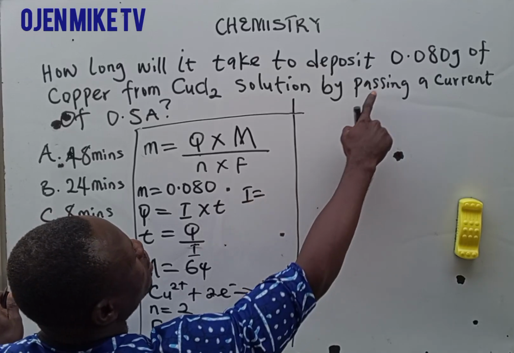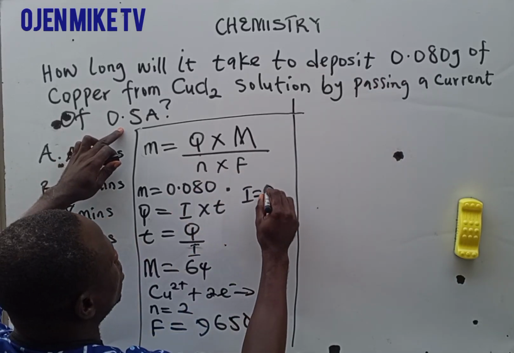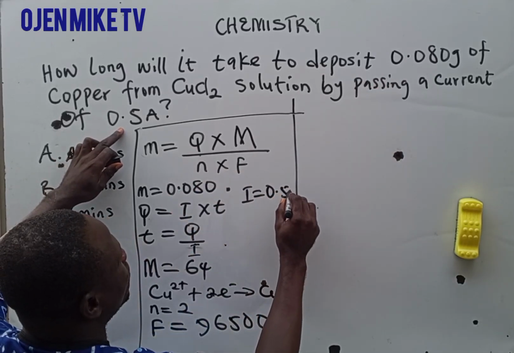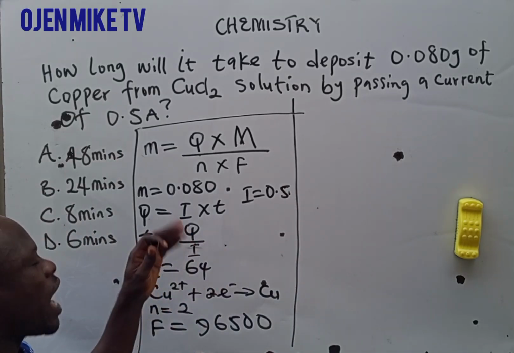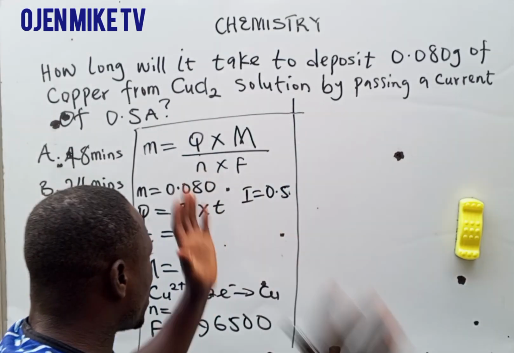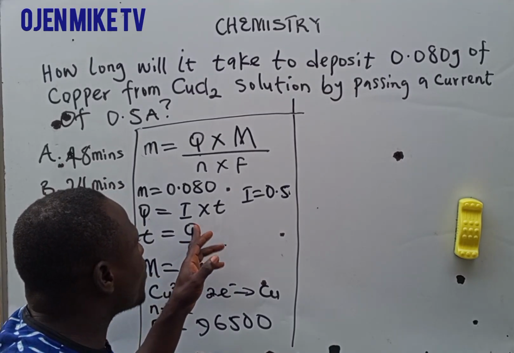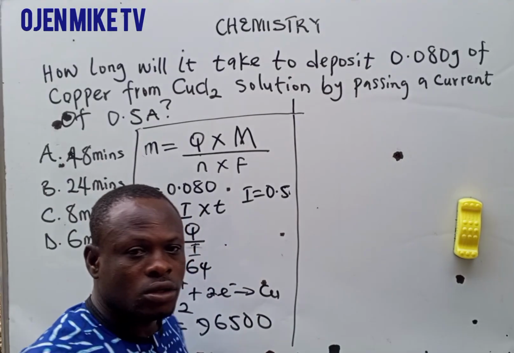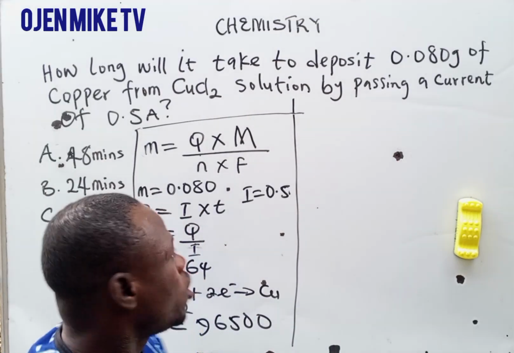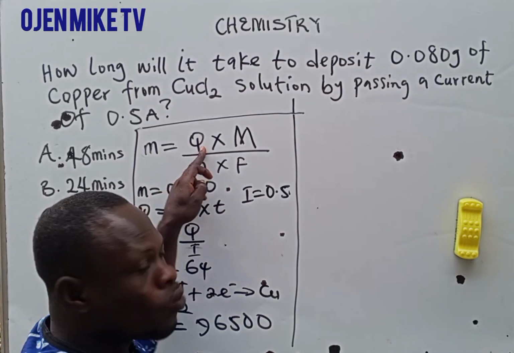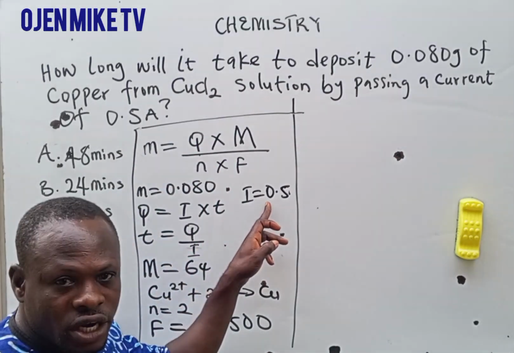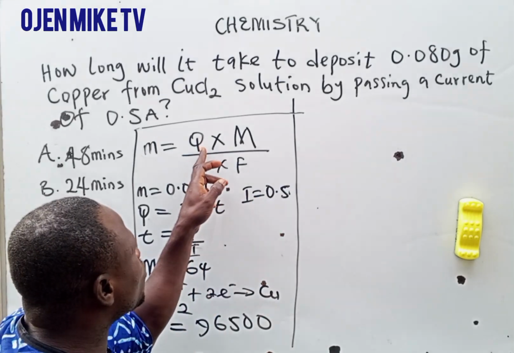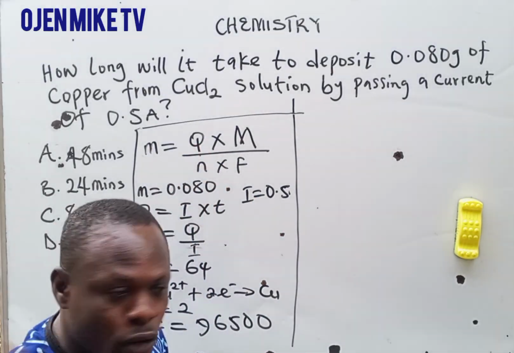Current is 0.5. First of all, you need to calculate quantity, so that you now use your quantity and divide it by current. Do you get that?